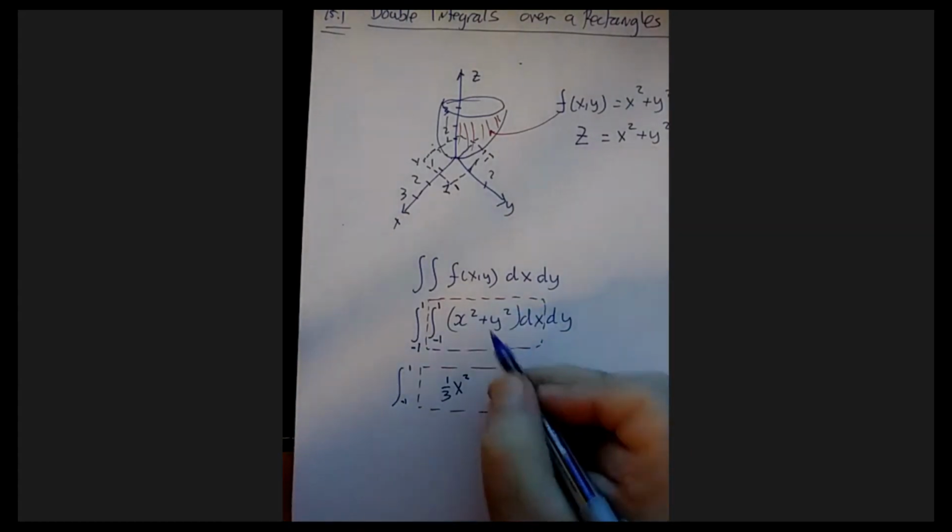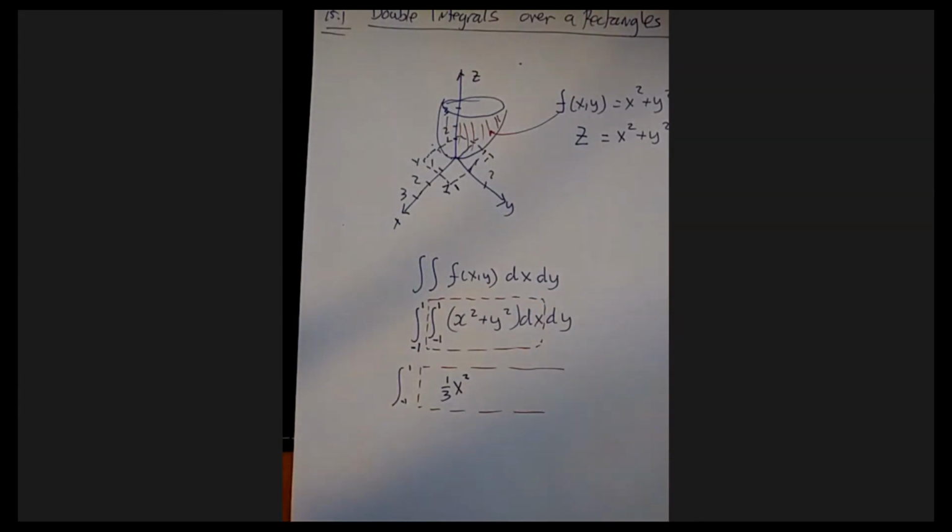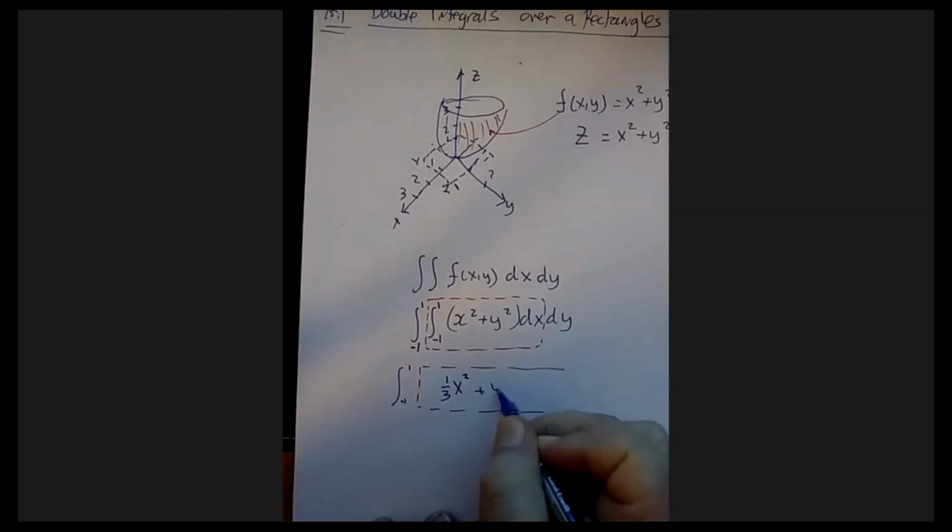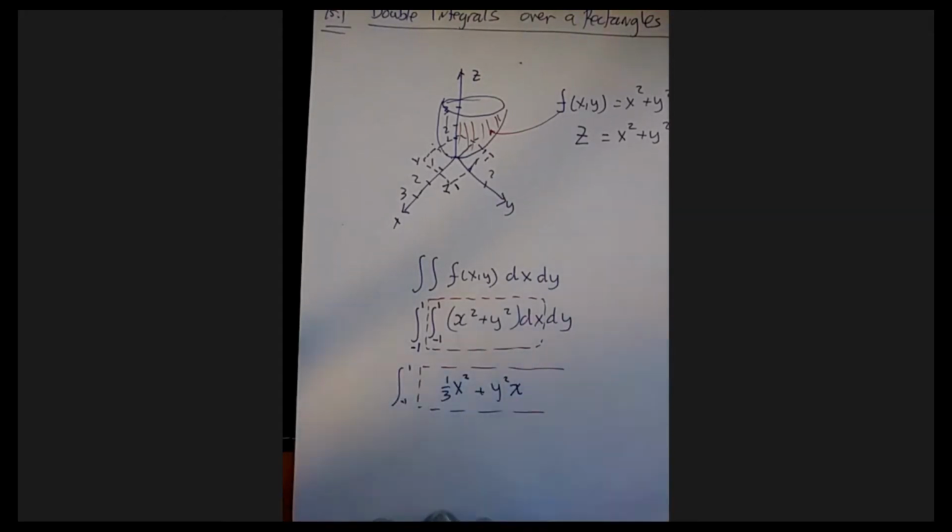Now be careful, we are integrating here. If you integrate 5, don't you get 5x? If you integrate 12, you get 12x. If you integrate y squared, you get y squared x. Do you see that y squared is being treated as a constant?